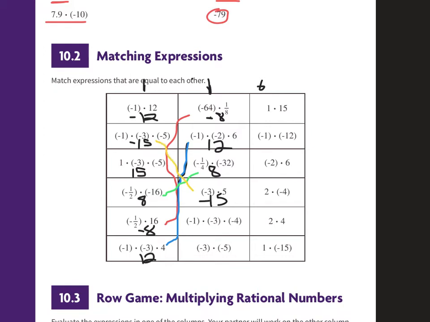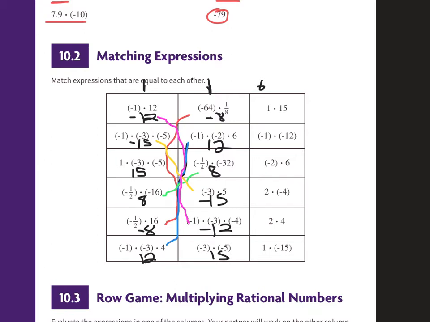-1 times -4 is... -1 times -3 is +3. +3 times -4 is -12. So this one's -12. So that matches up with this one up top. And then -3 times -5 is +15.